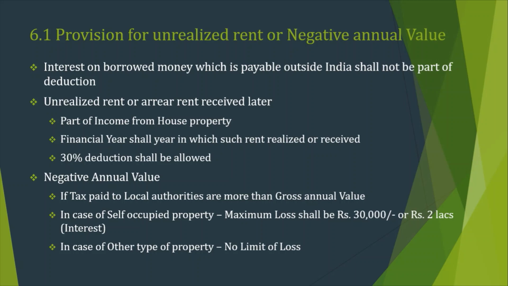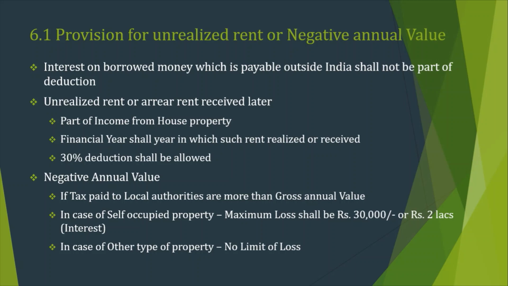Negative annual value means if the taxes paid to local authorities are more than the gross annual value, then negative annual value shall be considered. In case of self-occupied property, the maximum loss shall be 30,000 rupees if the interest relates to borrowed capital for renewal or repair.